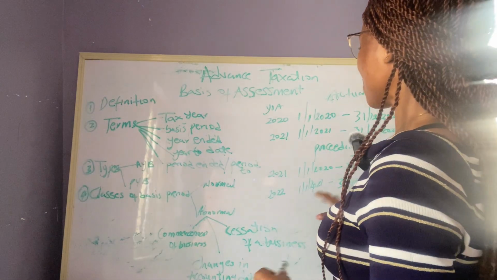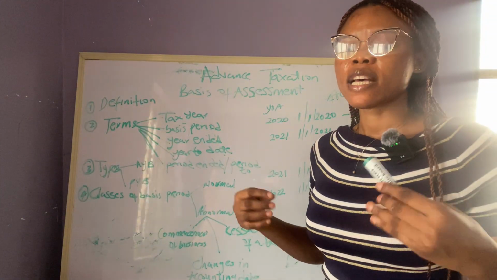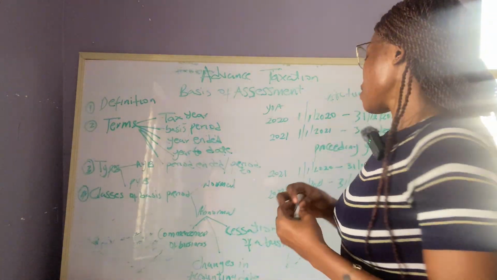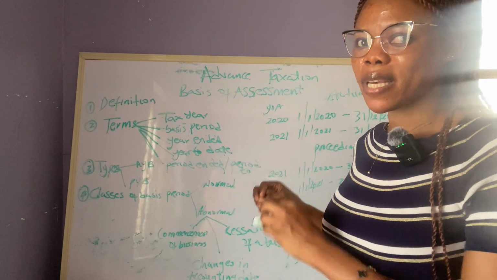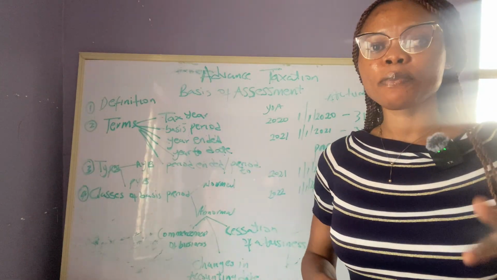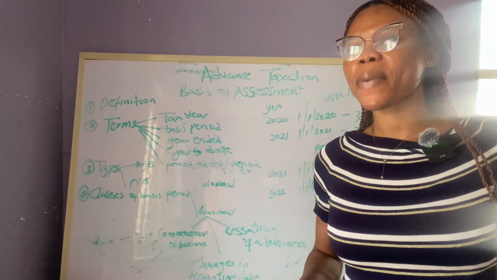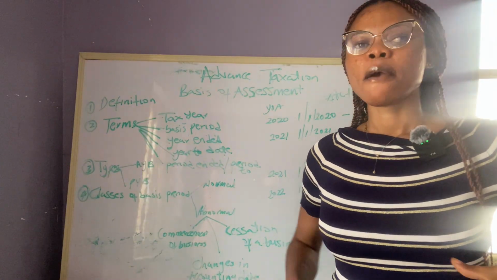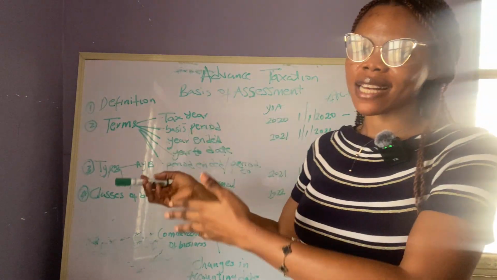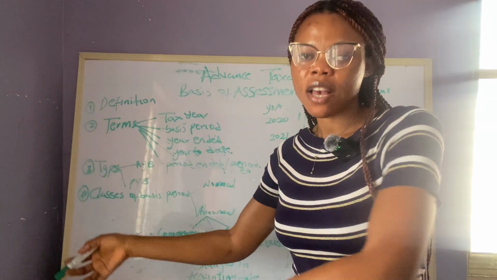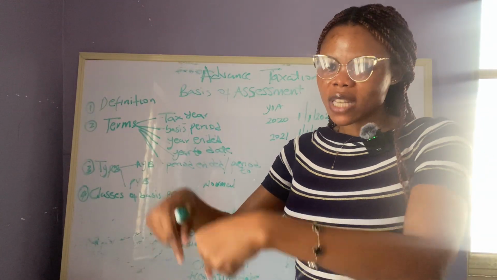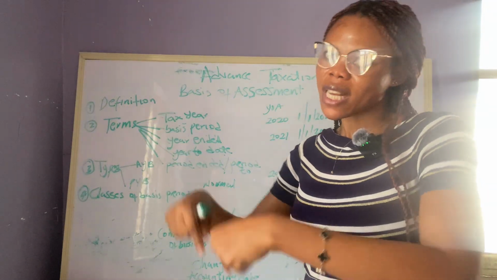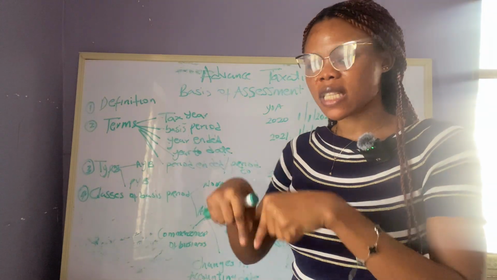However, when it comes to CIT, profits are subjected to tax on preceding year basis. You understand? They will allow the company to run all their operations in one particular year before it is subjected to tax in the coming year. For instance, profits of companies for 2025 are subjected to tax in this year, which is 2026.